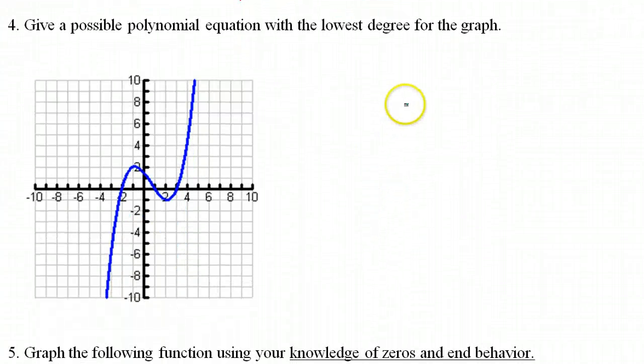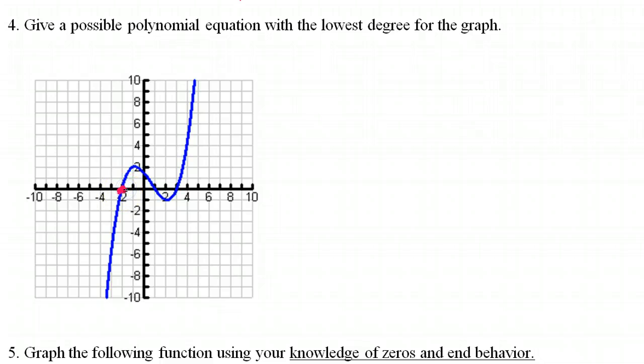Okay, number 4. Give a possible polynomial equation with the lowest degree for this graph. I'm going to look at the x-intercepts, which tell me the zeros.